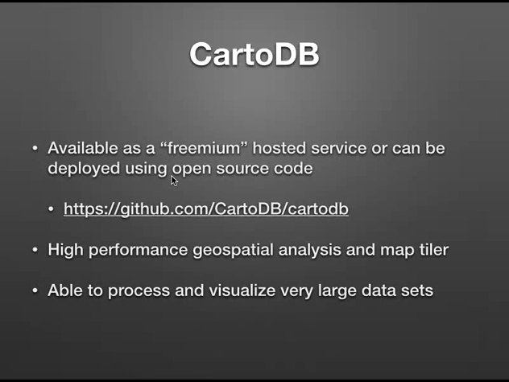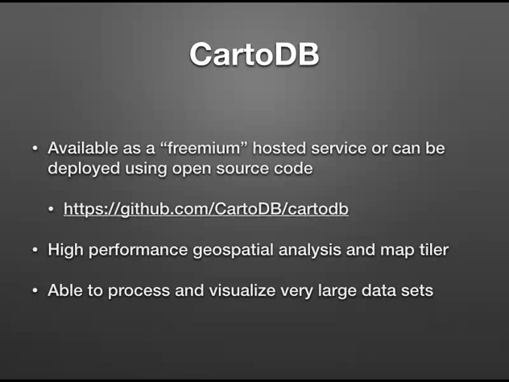CartoDB is available as a freemium hosted service, or you can actually deploy it yourself using the open source code. We haven't done the latter at this point. We're actually using their paid hosted service. But it's an interesting option that they do have the open source code. Actually, this product's written in Ruby and Rails.